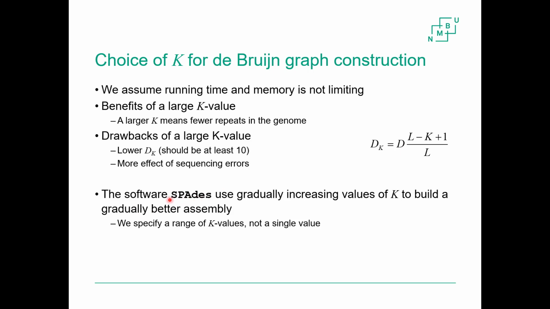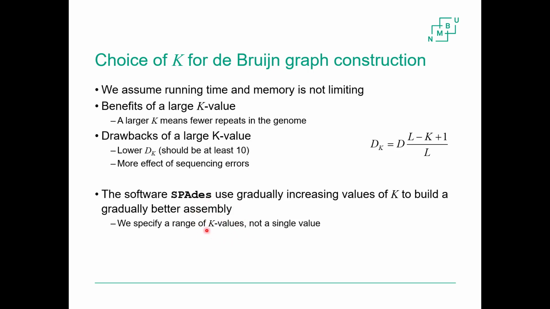In SPAdes, the software that we are going to use in this course, they have sort of solved this by not choosing one k but a range of k values. So starting out with a small k value, try to assemble as good as you can, and then when you're done with that, you start all over again with a slightly bigger k value, but then you also make use of the results from the first round to try to improve, and then choose gradually increasing k values.